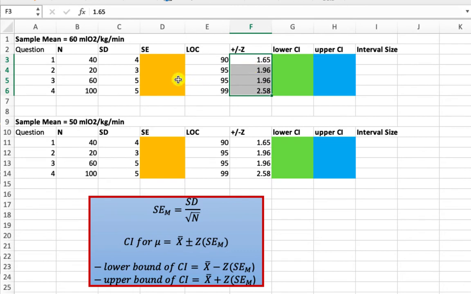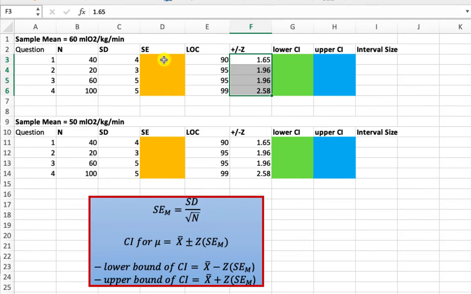So really what we need to calculate in order to figure out our confidence interval is the standard error of the mean. And in order to calculate the standard error of the mean, we need to know the standard deviation and the sample size.